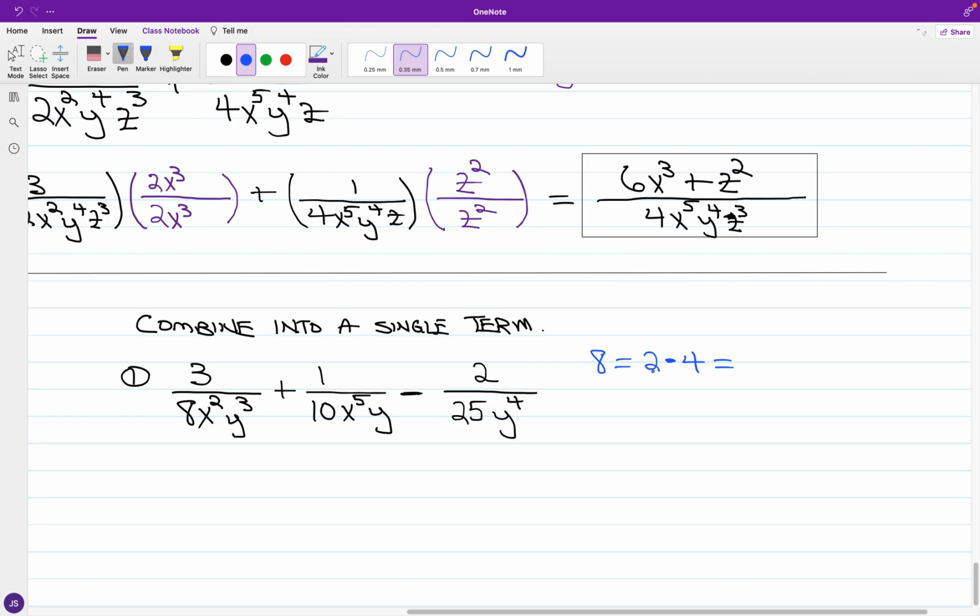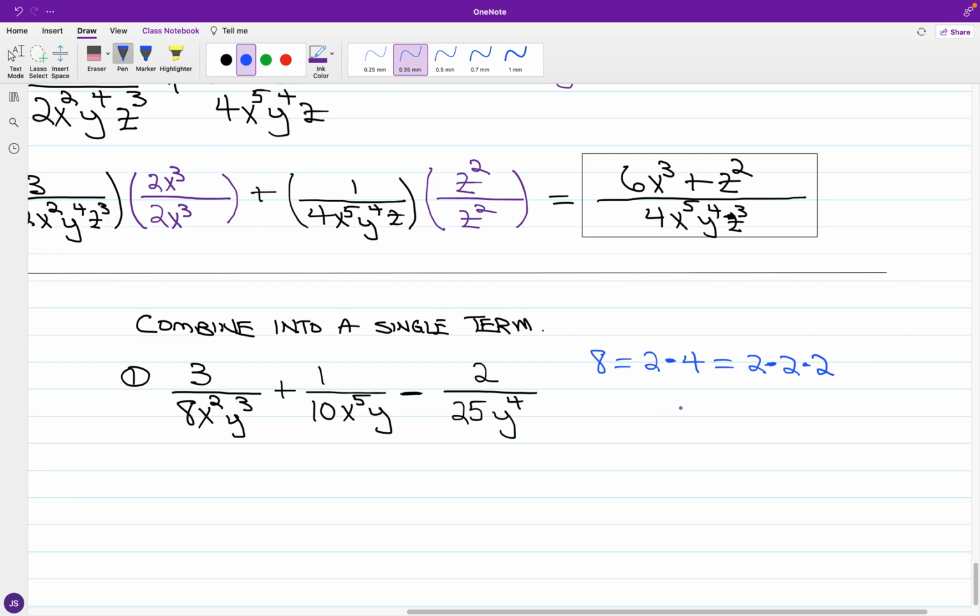Now 2 is a prime number, for it factors to 2 and 1, whereas 4 is not a prime number. In addition to factoring out to 1 and 4, you have 2 and 2 as well. So I'm going to expand on out. Now for the prime factorization of 8, we have 2 times 2 times 2, or 2 to the third power.